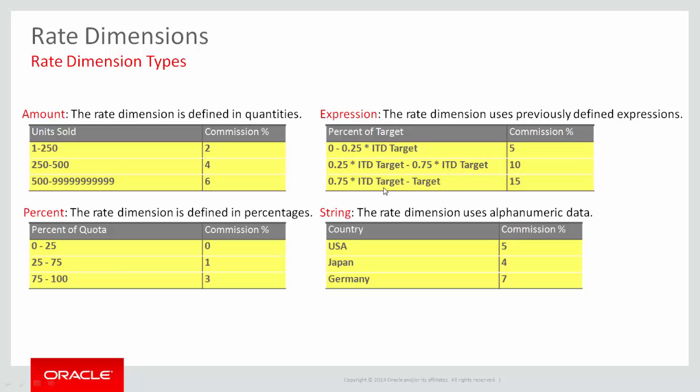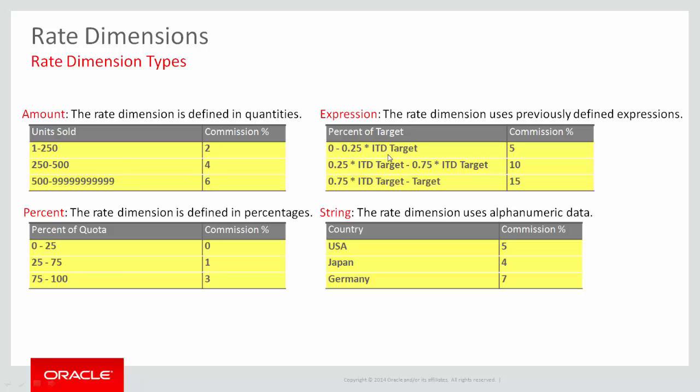And then anything above 1.5 million would be paid at a higher rate. But let's say you have another rep that has a $4 million quota, and 25% of their quota would be $1 million. And you don't want to hard code those numbers in. So what expressions allow you to do is dynamically put math into the tiers so that you can do calculations.